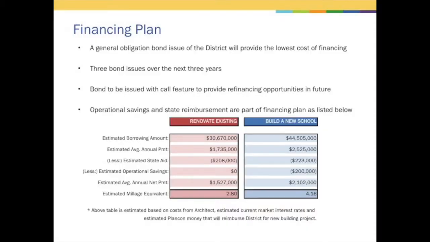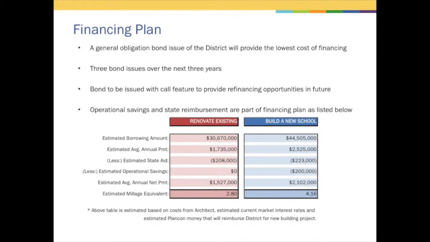So on the red, in the renovation, we're estimating we need to borrow about $30.6 million in order to renovate the school to keep it up and running at adequate standards. The average annual payment, which would essentially be the annual mortgage payment of the debt, would be about $1.7 million. It's estimated that about $200,000 of state reimbursement can be achieved through this project, so that would help to offset the payment.